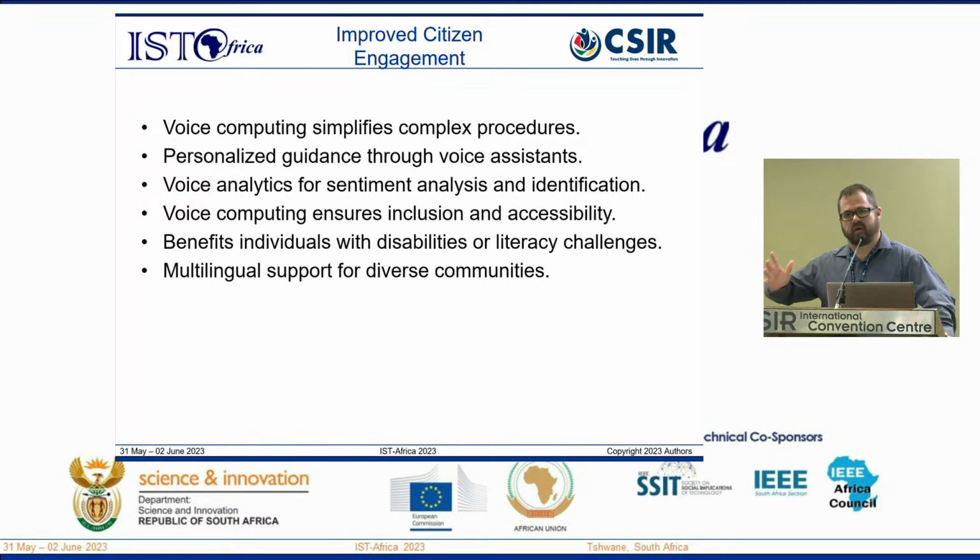So voice computing can, we believe, improve citizen engagement with e-government services through simplifying complex procedures and personal guidance through various procedures, like, for example, how to apply for SASSA, or there are so many examples of how you can use this. One of the big benefits of using this type of technology is you can lower language barriers.